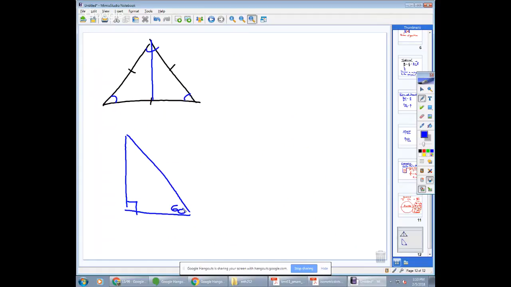So this one here is 60 degrees. This one was cut in half, so that one's going to be 30. So this is a popular triangle called a 30, 60, 90 triangle. You may have come across it in some geometry class. Cool thing about that is there's lots of 30, 60, 90 triangles out there.